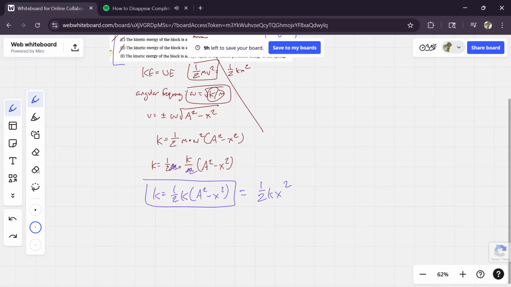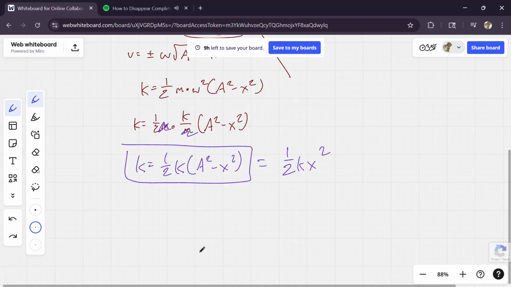So now these are set equal to each other, and we just have to solve. You cancel out the 1/2s. Let me think.